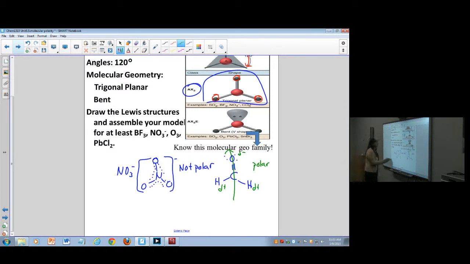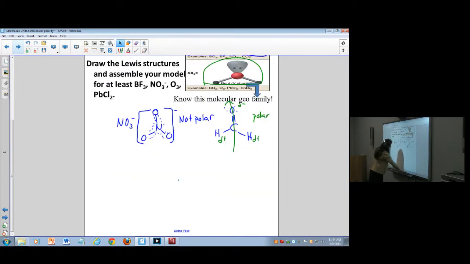Now, I just want to do one on this bent structure. The one we've done a couple of times that has this bent structure is our nitrite ion, which ends up being drawn like this.